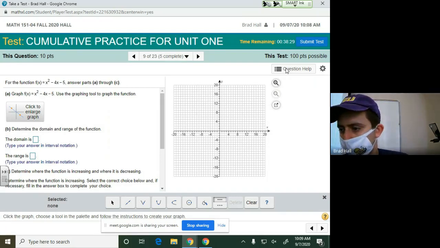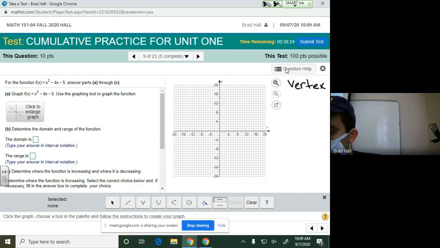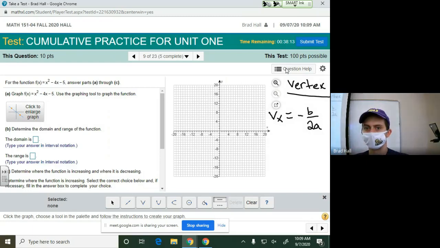So the vertex, I'll do that over here. The vertex has an x-coordinate and a y-coordinate. And the x-coordinate is found by negative b over 2a.